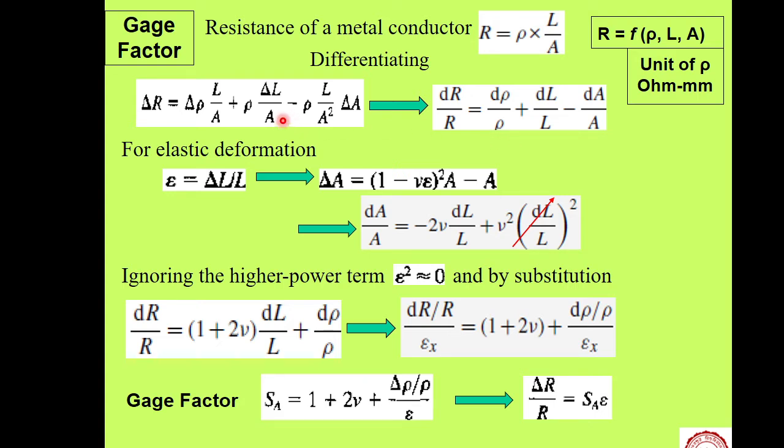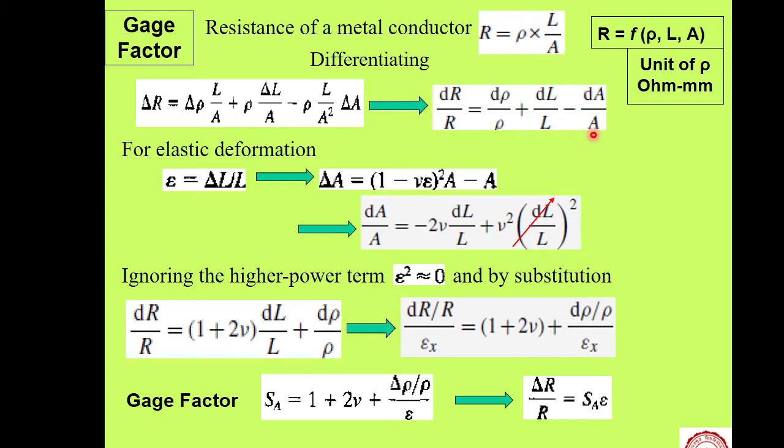The second term, divide it again by R. R is rho by A into L. So this rho by A and this rho by A get cancelled. We have dL by L. And similarly, for the third term, we get this dA by A. Okay, this part is clear.